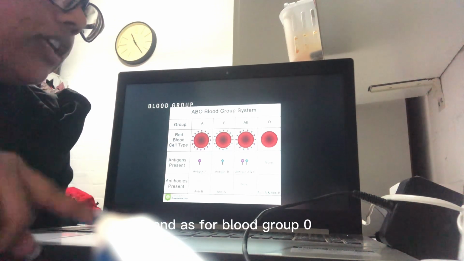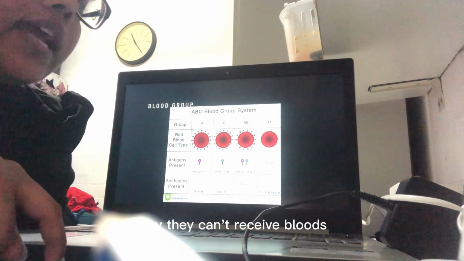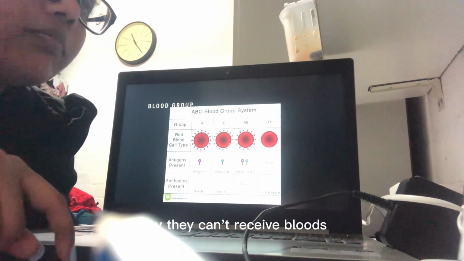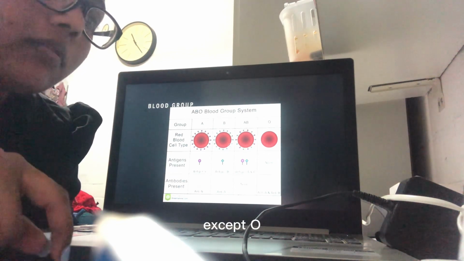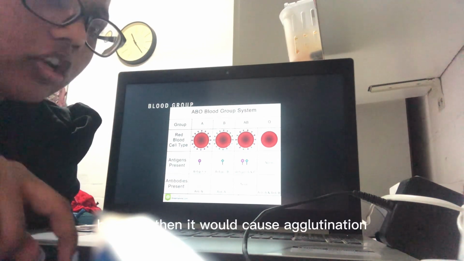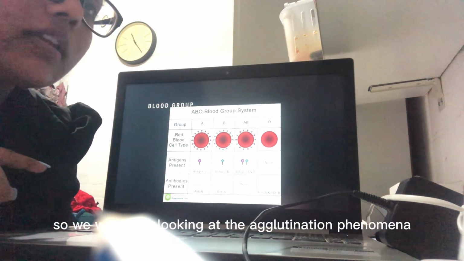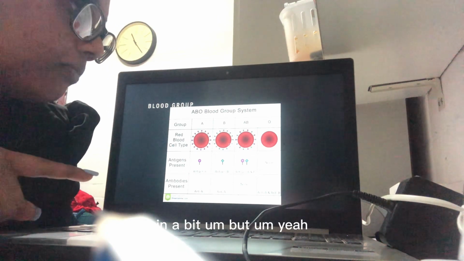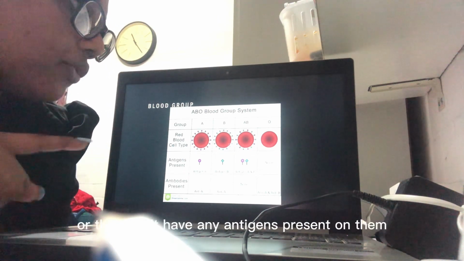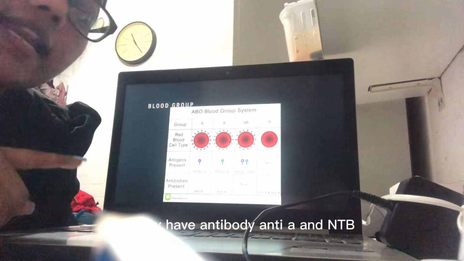As for blood group O, there is no antigen present, but they have anti-A and anti-B antibodies, hence they can't receive blood from any other blood group except O, because it would cause agglutination. We will be looking at the agglutination phenomenon in a bit.